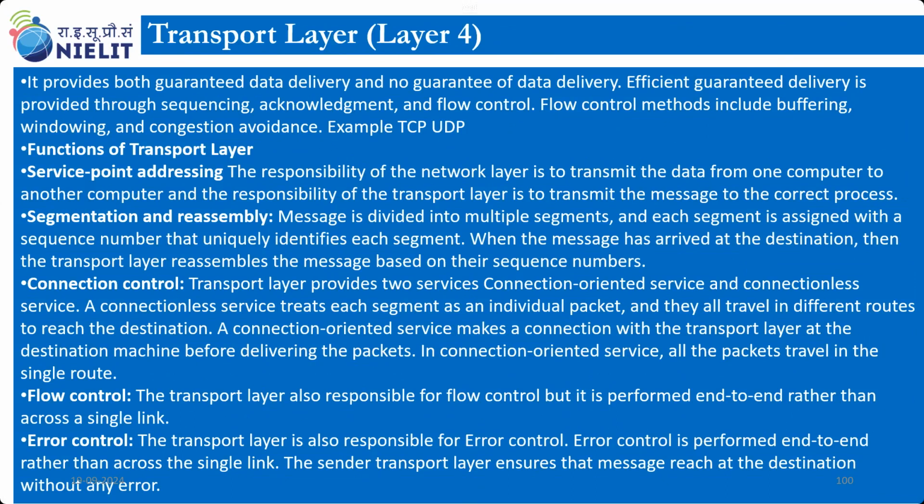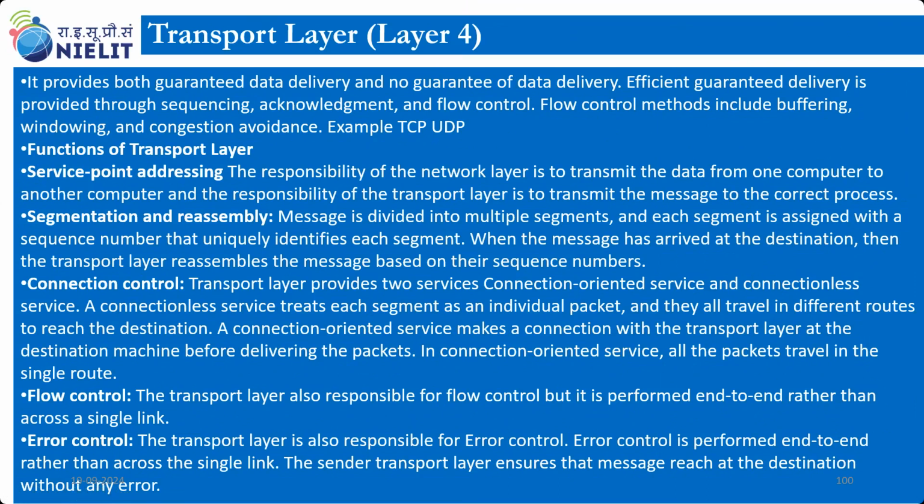The transport layer provides both guaranteed data delivery as well as no guarantee of data delivery. So it basically provides two types of communication: one guaranteed and one without guarantee.